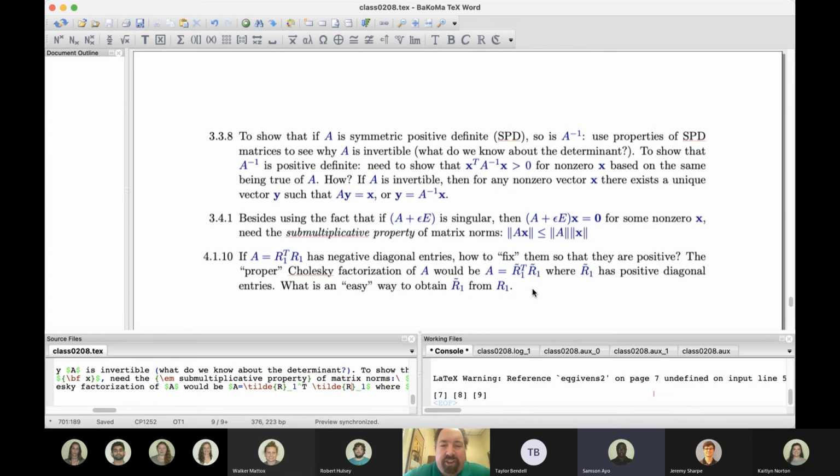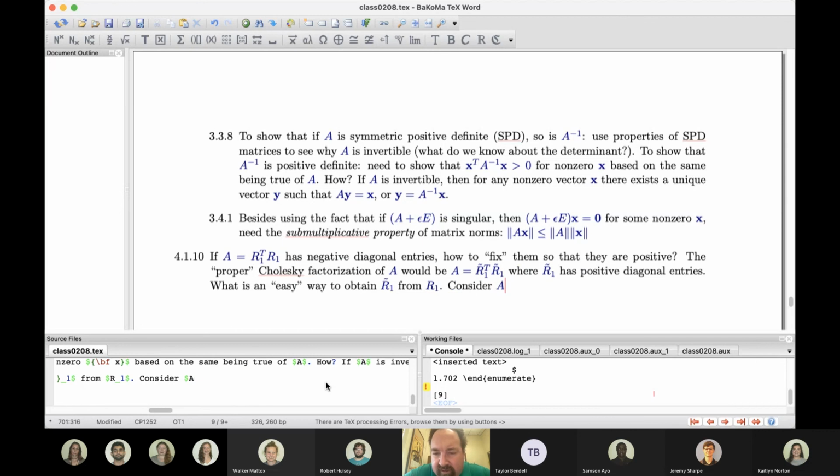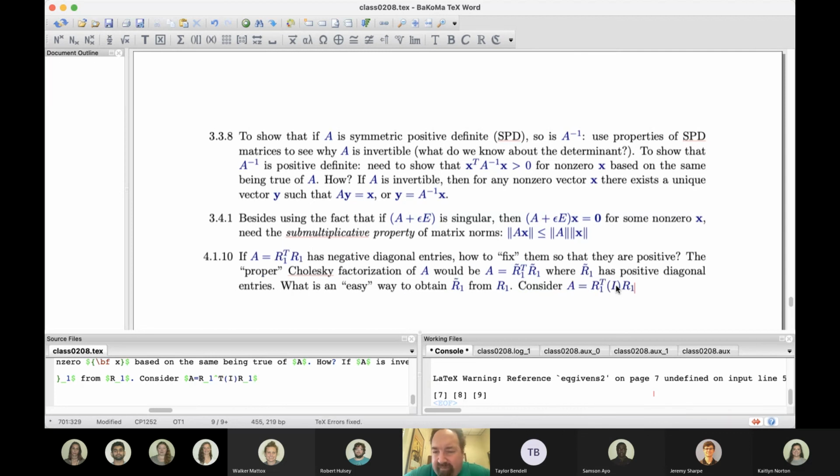Yeah, because simply changing the sign of the diagonal entries alone would not do it. But that is somewhat on the right track. But that alone is not enough. Okay, I'll give one more hint. If you have your original factorization, I'm sticking an identity in here.